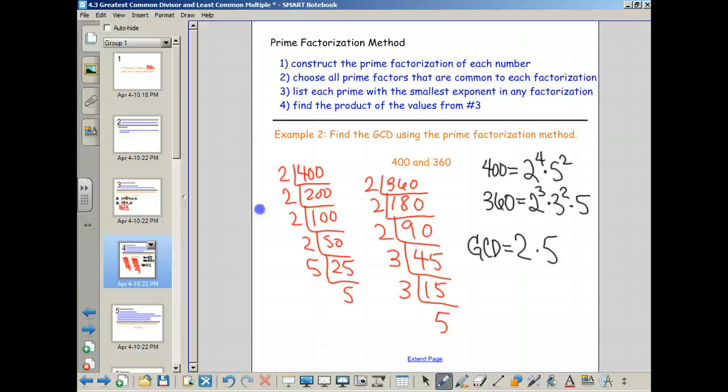What is the least exponent on 2? 3. What is the least exponent on 5? 1, or you could just write nothing there right now. Not a 0, but just don't write anything. And then what is 2 cubed? 8. 8 times 5 is 40. The greatest common divisor is 40.